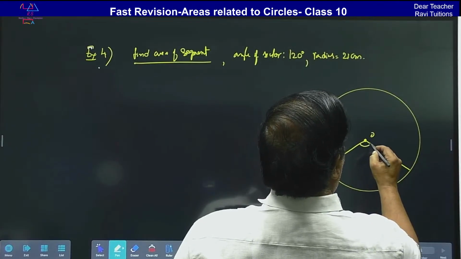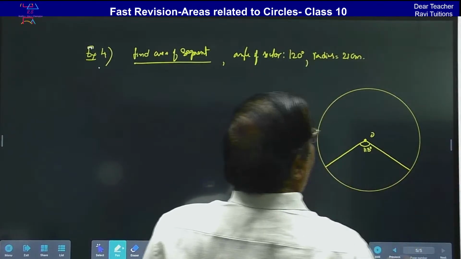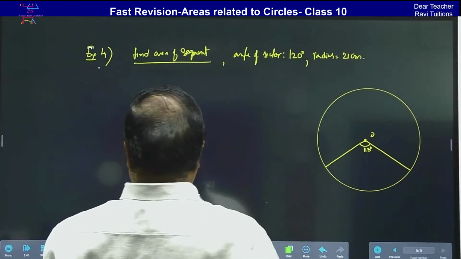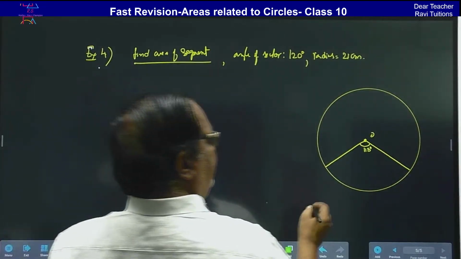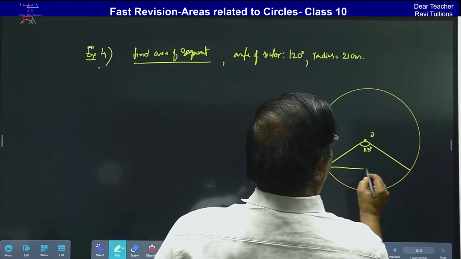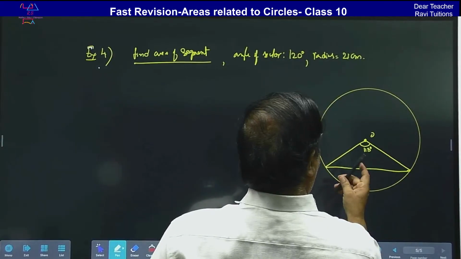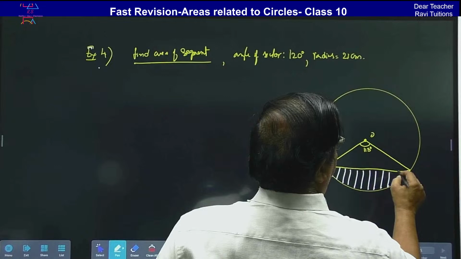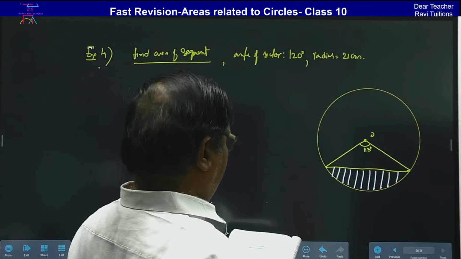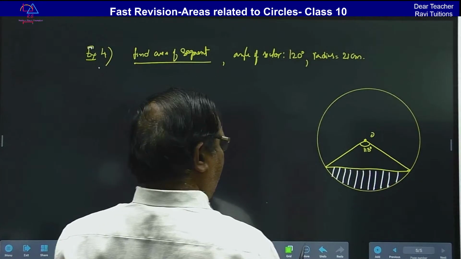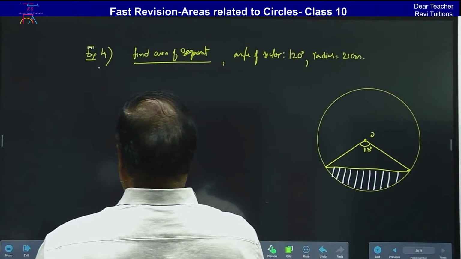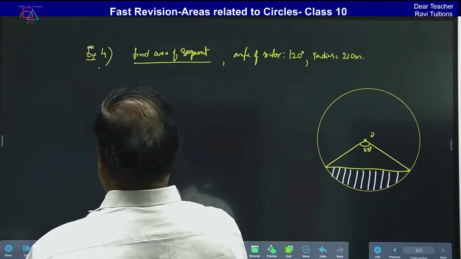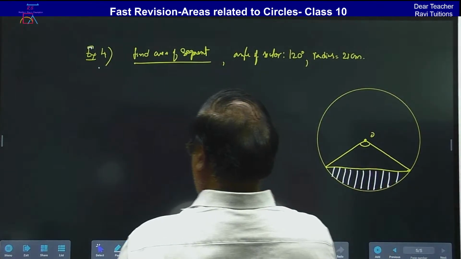It is less than 180 degrees. So now this is the segment, and we have to find out this area. Sorry, it is not 115, it is 120. This is 120.